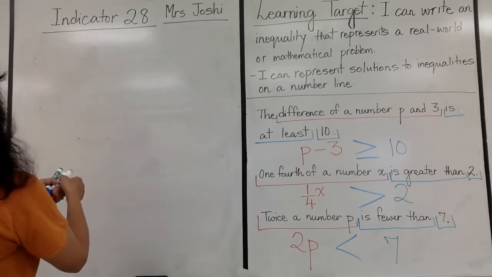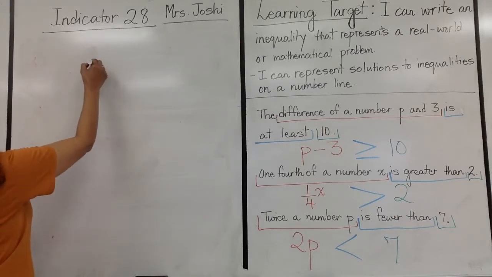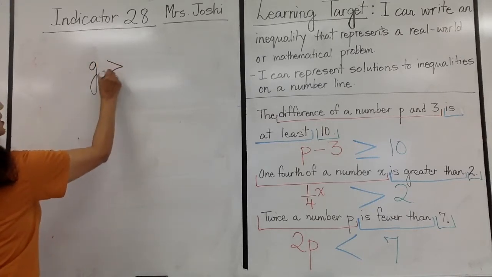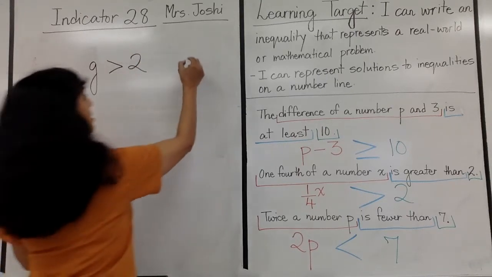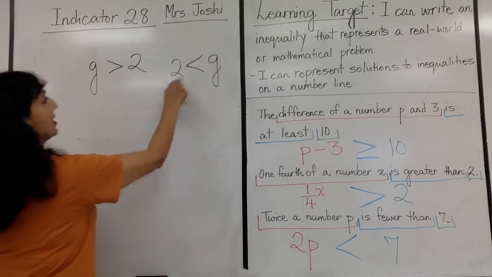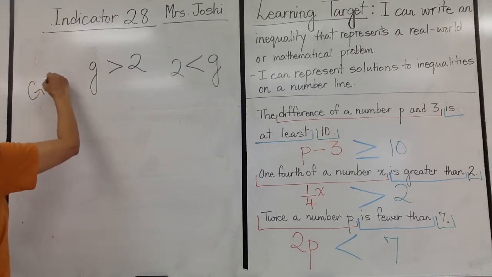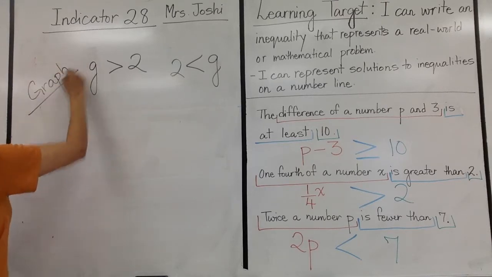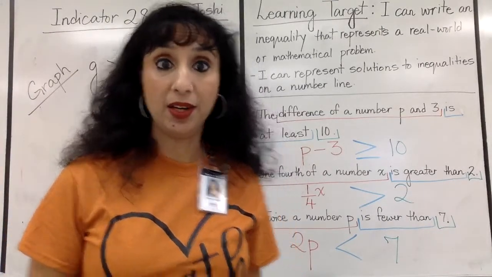Okay, let's say I give you, graph g is greater than 2. Or it could have also been written like this: here's g, which is greater than 2. Okay, but 2 is less than that. So it could be written either way. When this is written out like this and you're asked to graph this inequality, any graphing is going to take place on a number line.